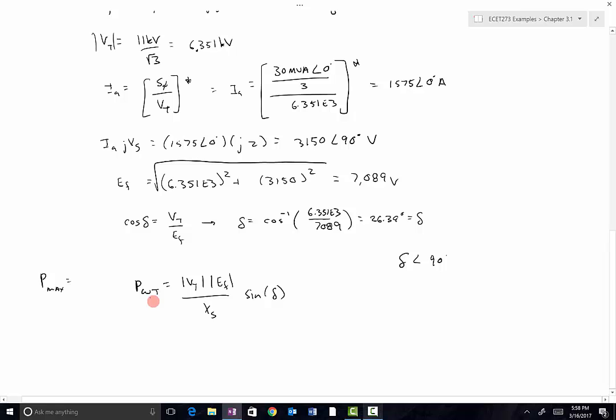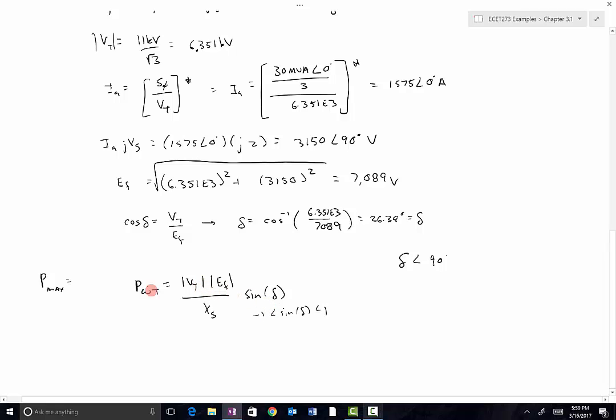So we know that when this whole thing is going to be maximum value is when sine of delta is 1. And so when this is 1, this gives us the maximum power since sine delta varies between -1 and 1.